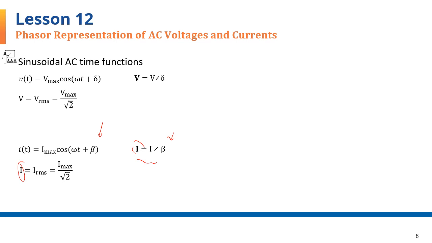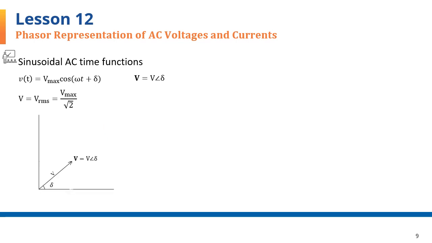A convenient way of representing a phasor is as a magnitude and angle on a Cartesian plane, seen here. So this phasor is represented by a directed line segment with a length of v, this v here, that forms an angle of delta with the horizontal axis.